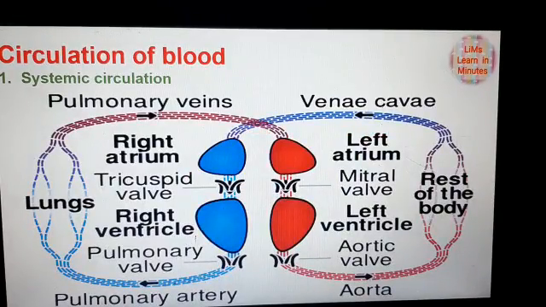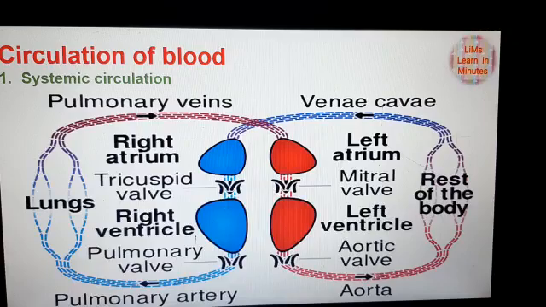Systemic circulation. The blood leaves the left ventricle through the aorta, the biggest artery in the body. The aorta divides and redivides into arteries, arterioles, and finally capillaries, the tiniest of arteries.